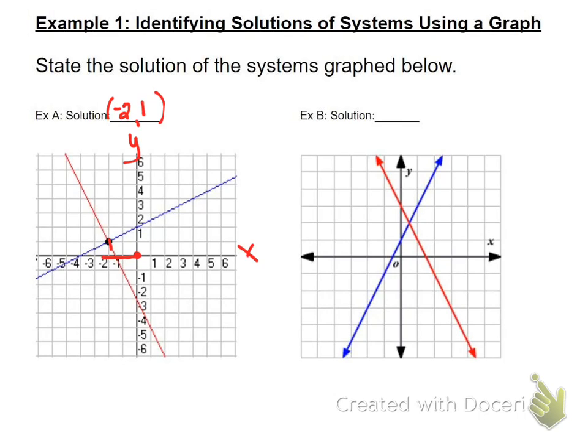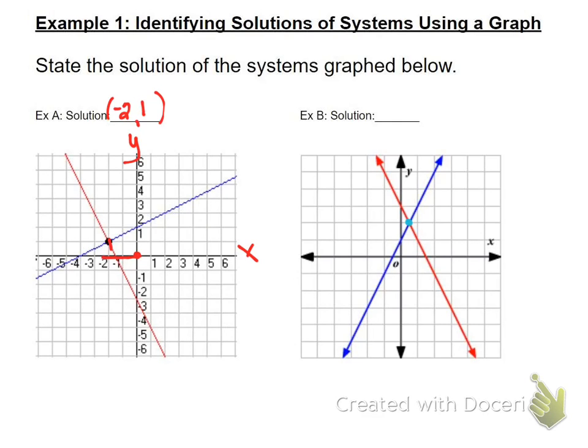Okay, let's take a look at the second graph. So again, you're going to determine where these lines intersect. Now, what's kind of different about the point of intersection between these 2 lines? There's no dot. Okay, so if there's no dot, let's go ahead and add one in there. So right where those 2 lines meet, let's go ahead and plot our point. Now, once we plot that point, what do we determine next?